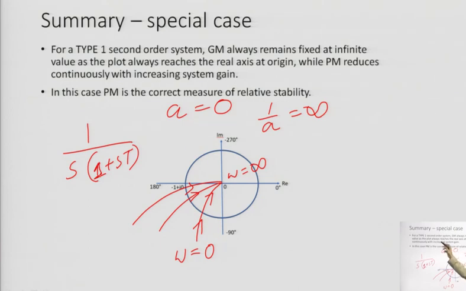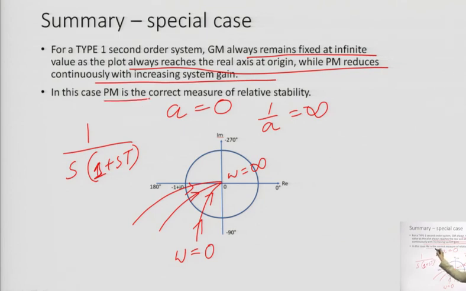So, for a type 1 second order system, gain margin always remains fixed at infinite value, as the plot always reaches the real axis at origin, because magnitude is 0, while phase margin continuously reduces with increasing system gain. In this case, phase margin is the correct measure of relative stability.